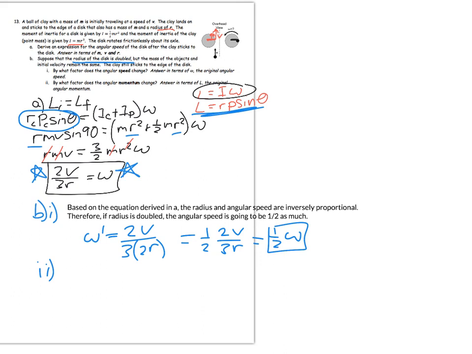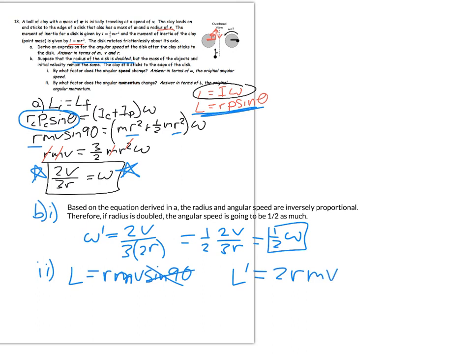So the angular momentum of the system is the initial angular momentum. That means that L, our initial angular momentum, is going to be rmv sine of 90, and that sine of 90 really goes away, so it's just rmv. Our new angular momentum, L prime, is going to be 2r, our new radius, times mv.